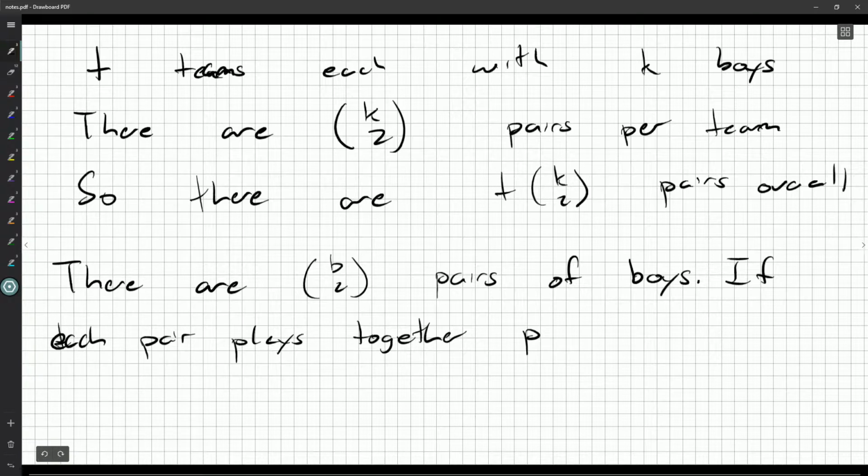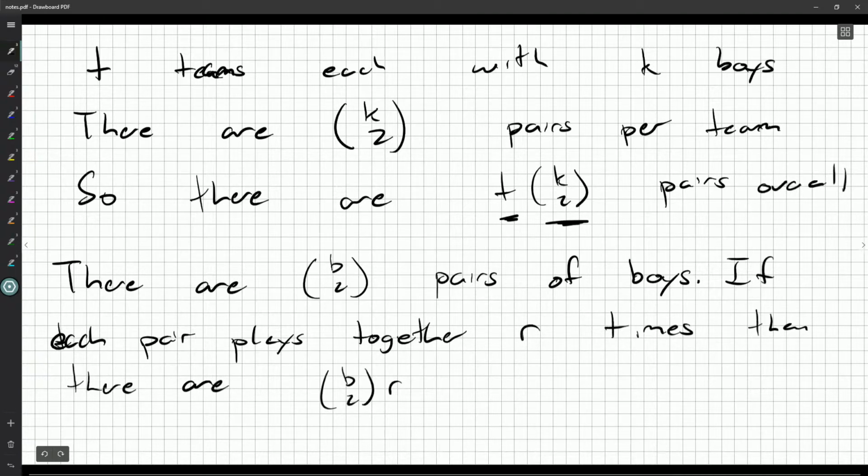Yeah, let's say R, just to be mildly consistent with ourselves. So each pair plays together R times. And then the number of pairs of boys and the number of times that pair appears, as opposed to the number of teams and number of pairs on a team, but these two numbers are the same. And that's what we're arguing here.